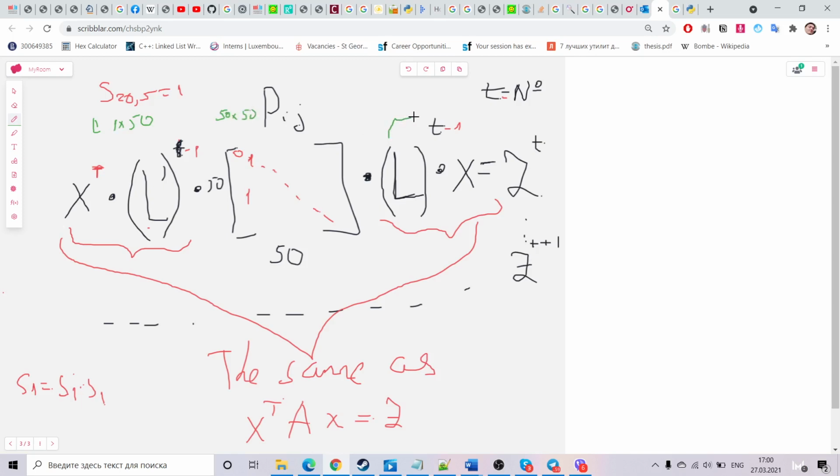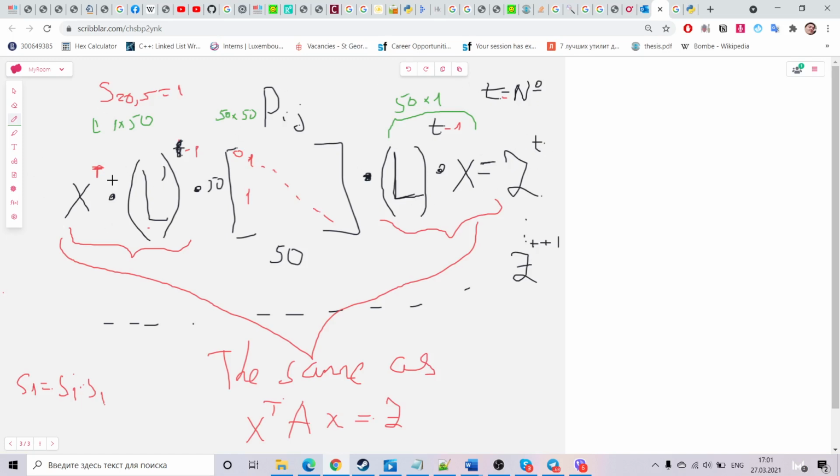Here we also will have a matrix 50 on 1, but as we remember, this matrix is transposed, this is not, so here is 50 on 1, and in the end we'll have our one value, z of t.